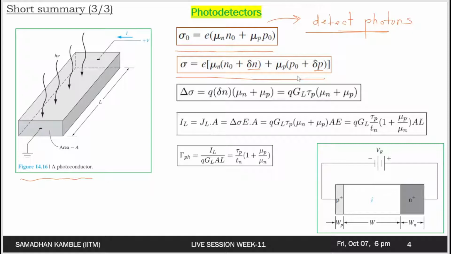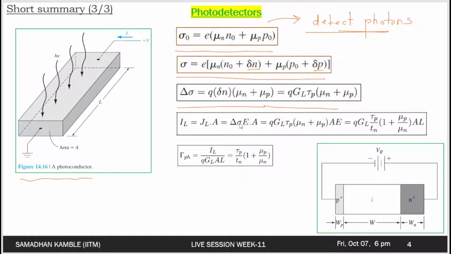The change in the conductivity due to the optical excitation, which is the photoconductivity, is given by delta sigma, in terms of delta n and delta p, and the mobilities, and is given by this equation.